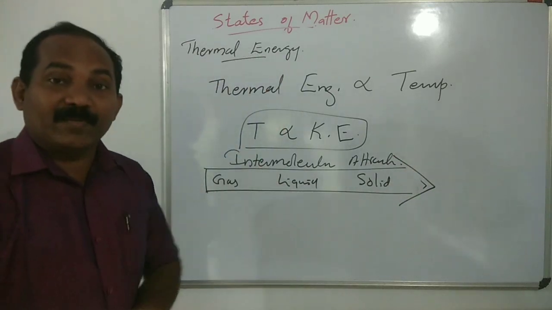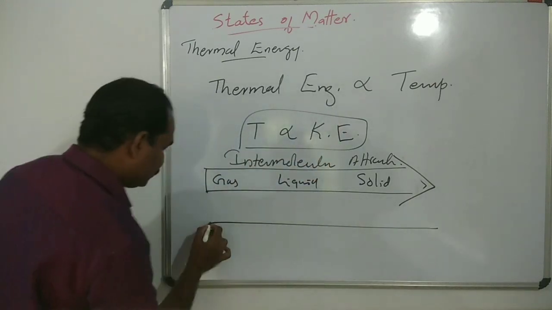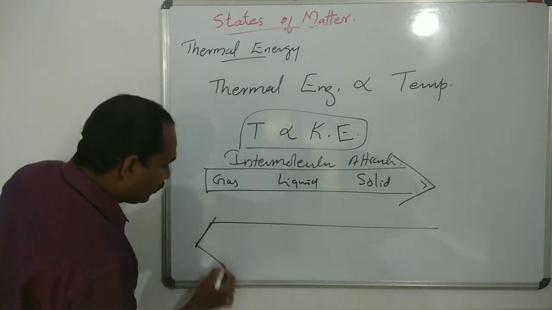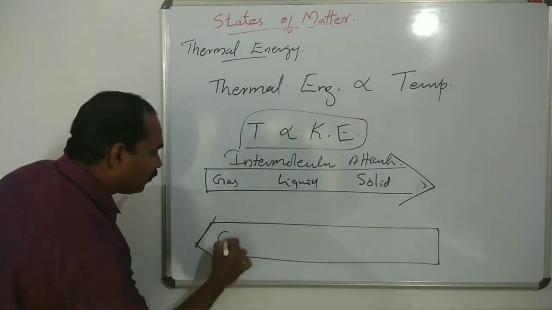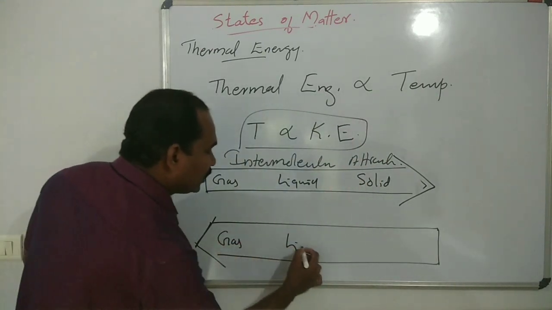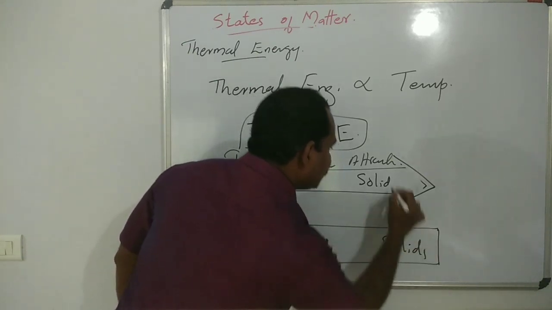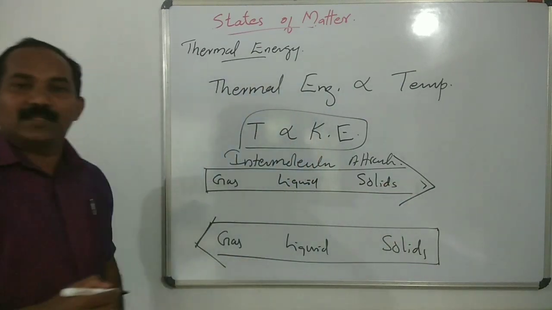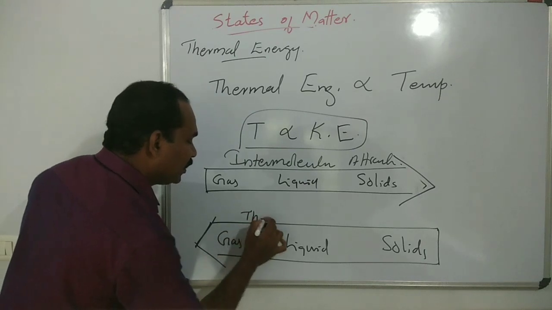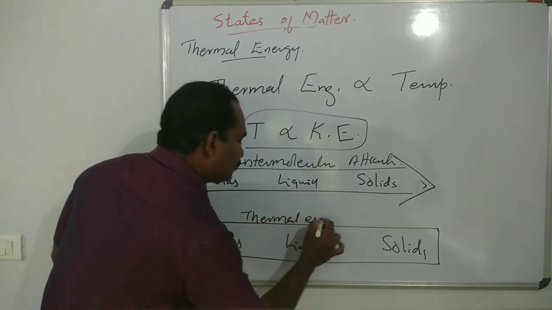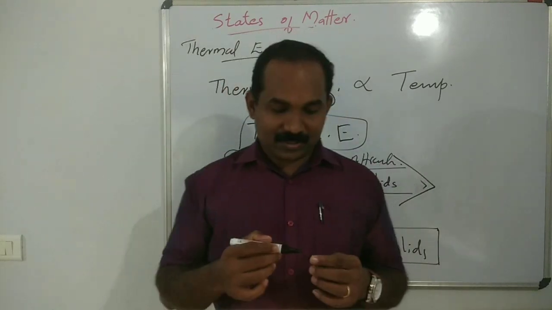And what about the thermal energy? Thermal energy is in the reverse order. Thermal energy is more for gas than the liquids, than the solids. This is thermal energy. Okay, you understand this concept.